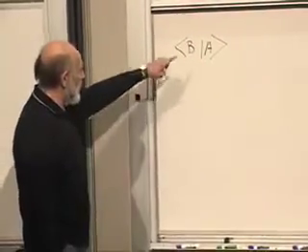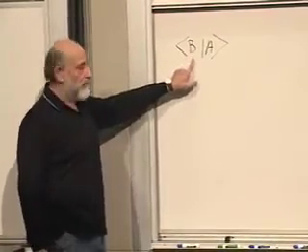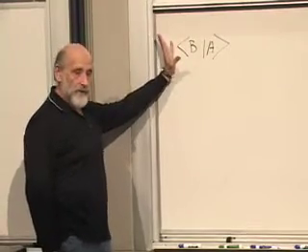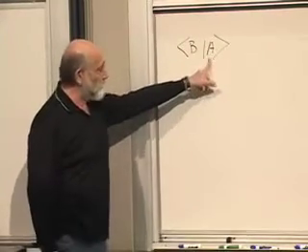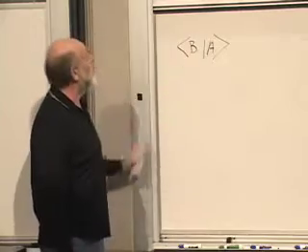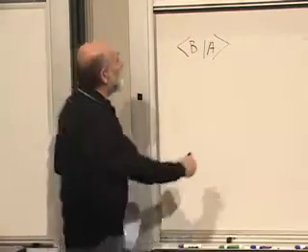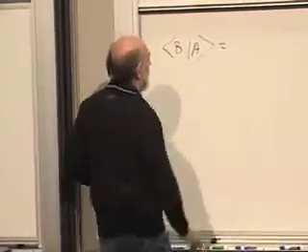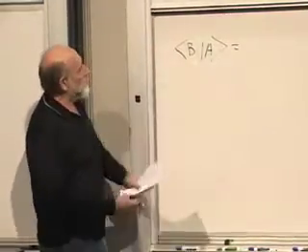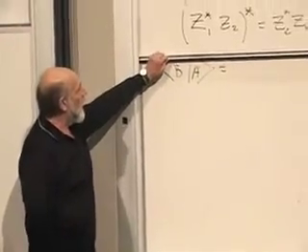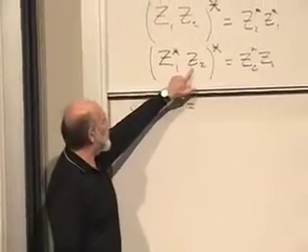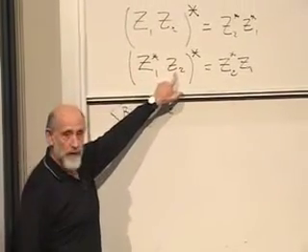The rule is to think of the B's as complex conjugates because they're bra vectors, and the A's as the original vector space because they're ket vectors. Suppose we interchange z1 and z2, what happens to the result?